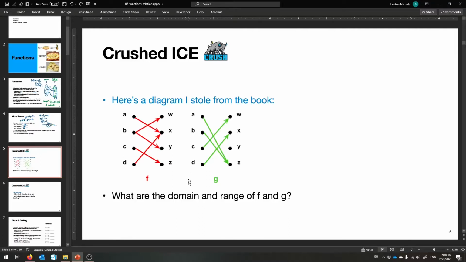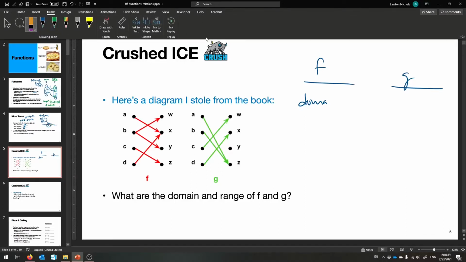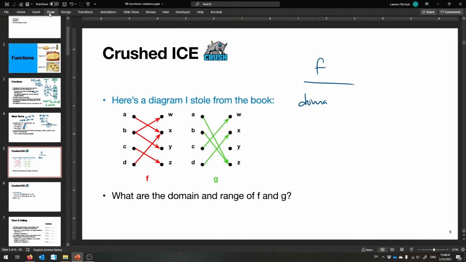So here is the domain. Here is the target, the codomain, but not the range, not necessarily the range, yeah? So let's talk about this. So for f, let's do f over here, g over here. We have domain. Actually, let's do g underneath in a second. Domain, well, that would be the set of all things that are getting mapped, yeah?